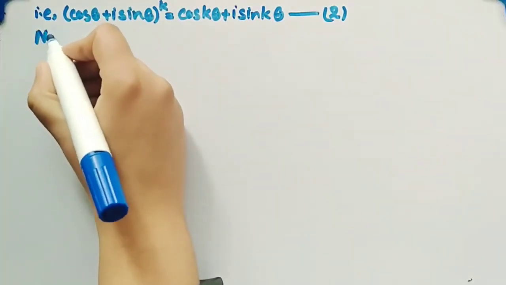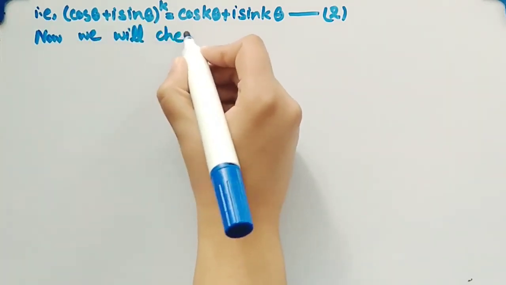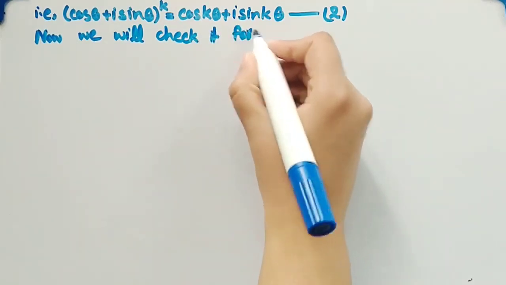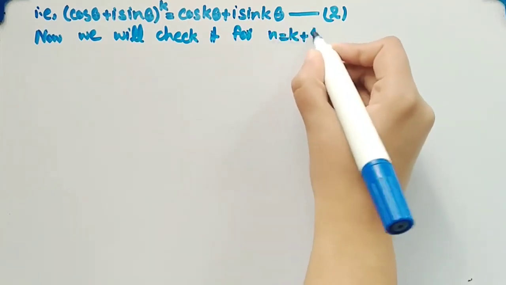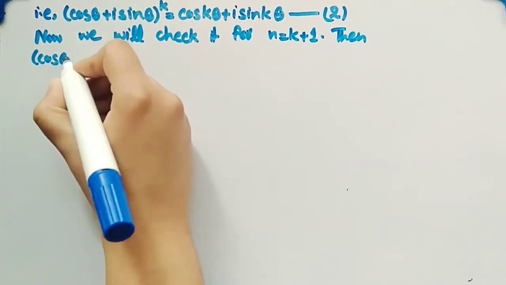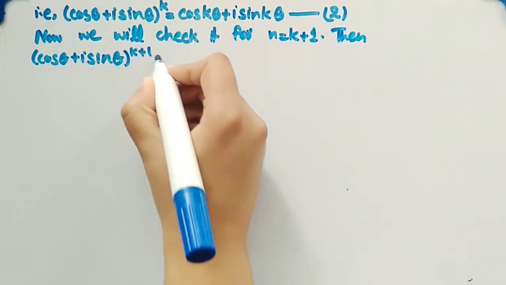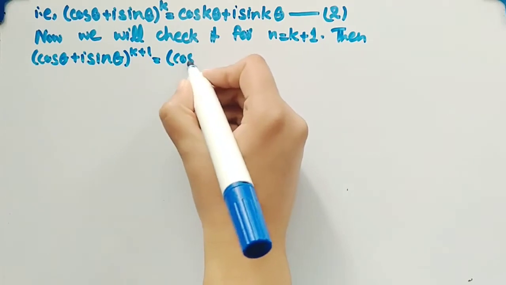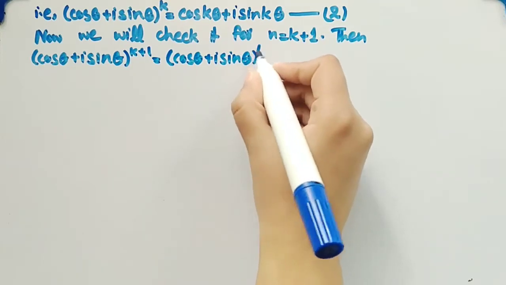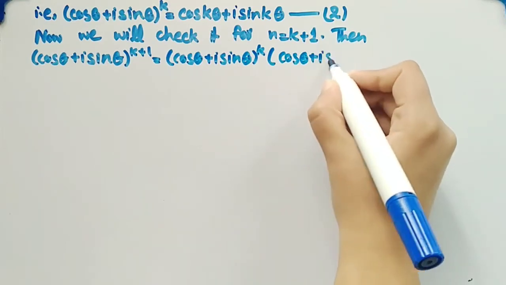Now we will check it for n is equal to k plus 1. Then we can write (cos theta plus iota sin theta) raised to power k plus 1 equal to (cos theta plus iota sin theta) raised to power k into (cos theta plus iota sin theta).